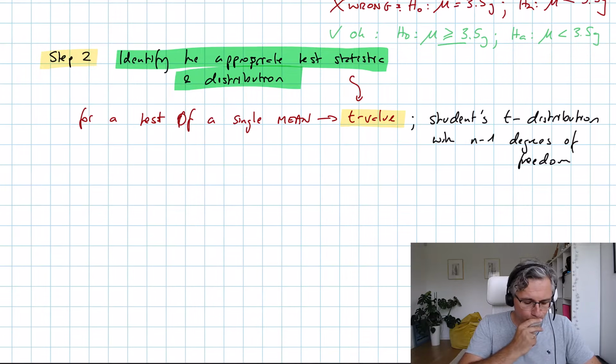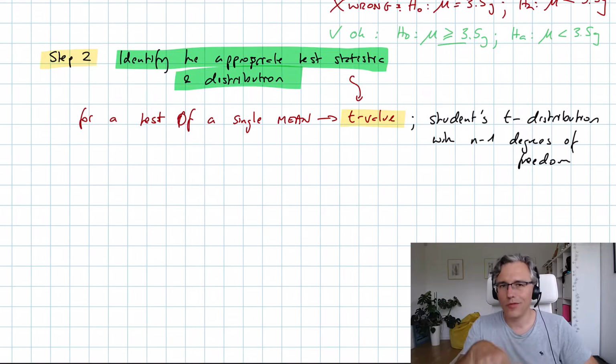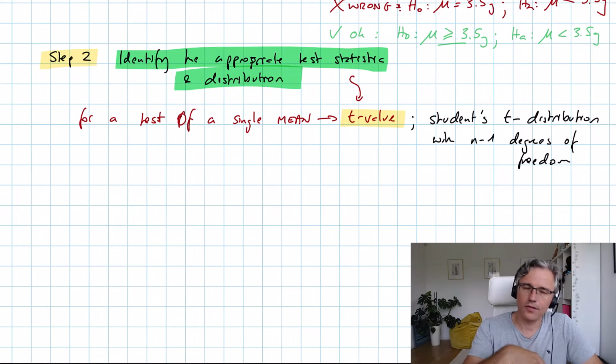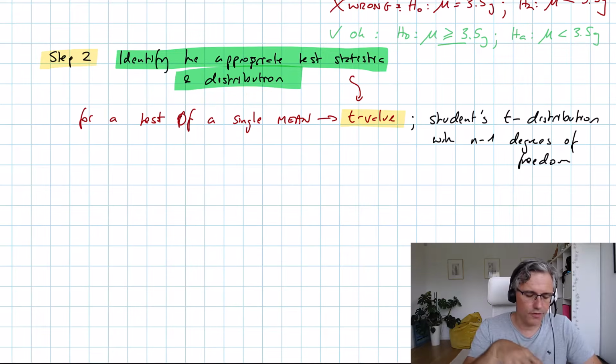Now, in theory, if you studied statistics, you would know that it's potentially okay in this case to use the normal distribution and something known as the z-value or the z-statistic, but your curriculum for a couple of years now has been insisting on using the t-statistic and the student's t-distribution, so this is what you have to stick with, even if you know something else theoretically could be used.